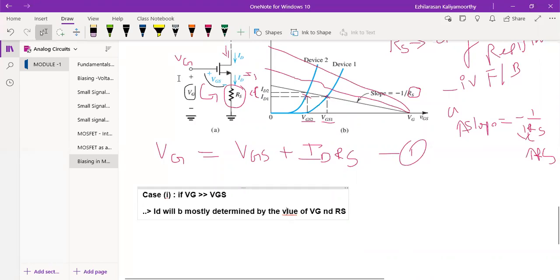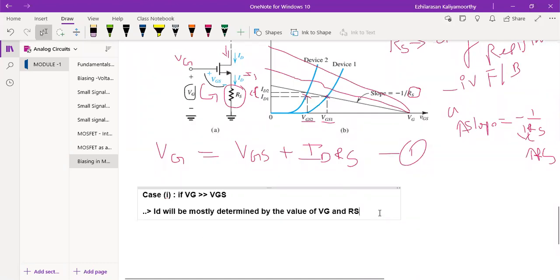If your gate voltage is very much greater than VGS, then ID will be mostly determined by the value of Vg and Rs. That is the first case. We can determine the ID value mostly from Rs.